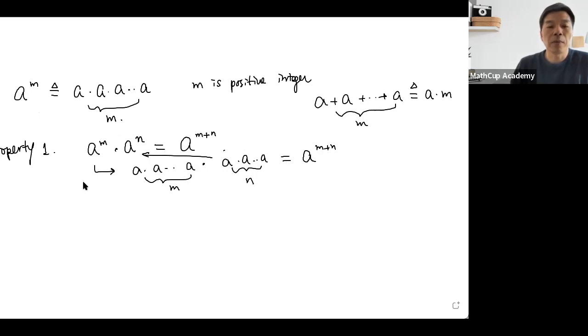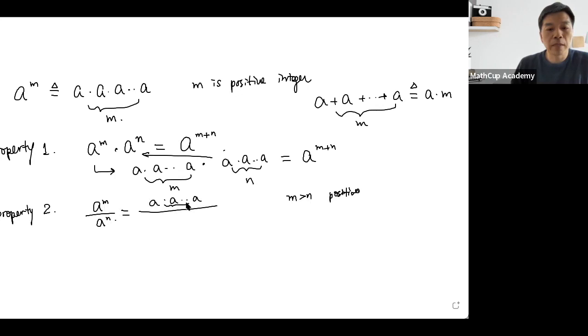Very easy to remember this. Now, property number two. How about a to the power m divided by a to the power n? At the beginning, we can think about m being bigger than n, and both are positive integers. Later, we'll see how we actually remove this. By definition, a to the power m equals a times a, m a's multiplied together.